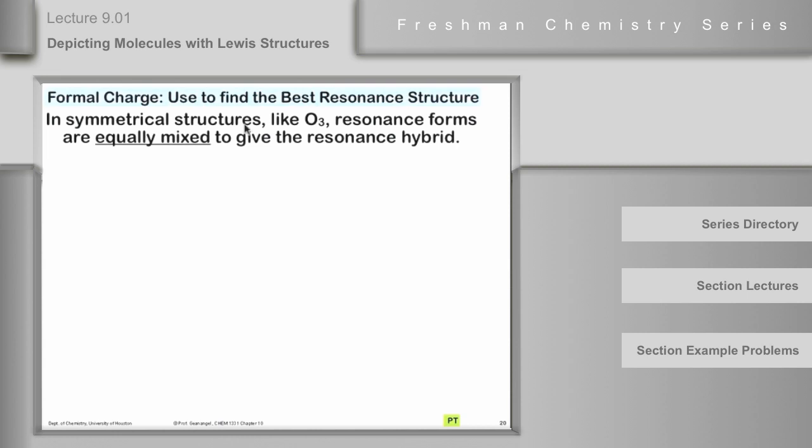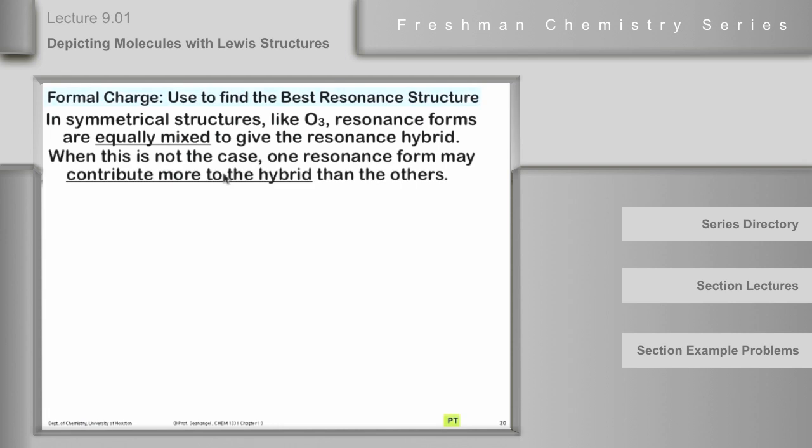So in symmetrical structures like ozone, the resonance forms are equally mixed to form the hybrid, as we saw. But when we don't have symmetrical structures, then one resonance form may contribute more to the hybrid than the others.